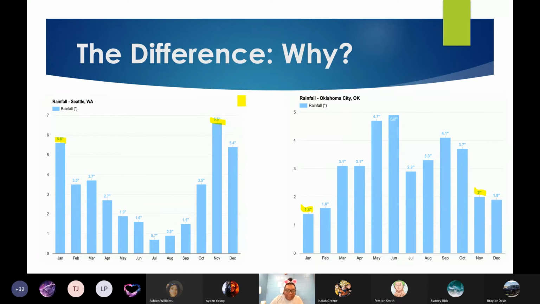We see here that as we look overall, not every month, but overall, Seattle got more rain than Oklahoma City did. And that's because of Seattle's location. That's because of Oklahoma City's location. What kind of air mass is influencing or changing their climate?